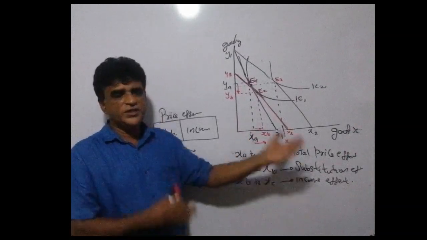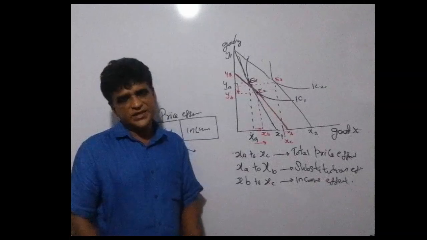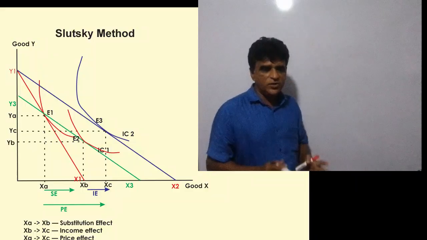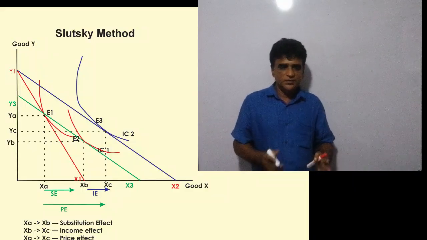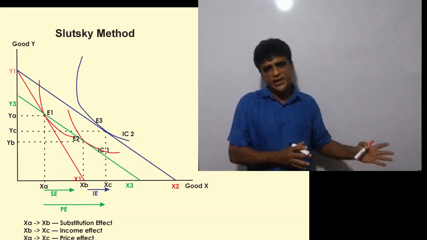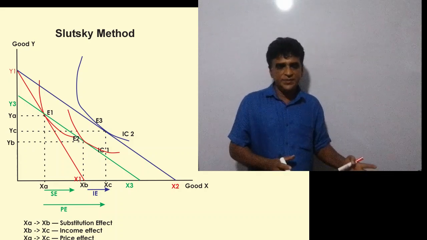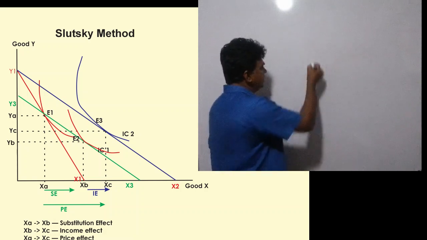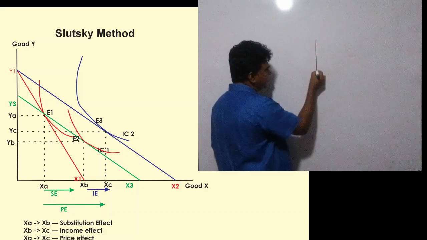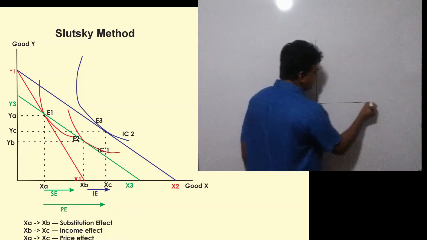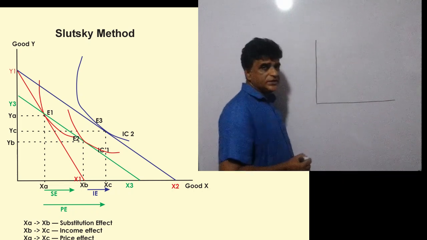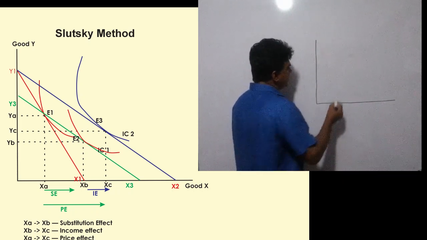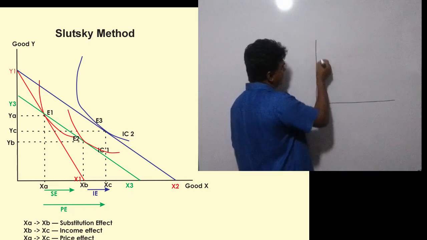We'll discuss what Slutsky is saying. Slutsky also uses the indifference curve and budgetary line concept to separate the substitution effect and income effect.